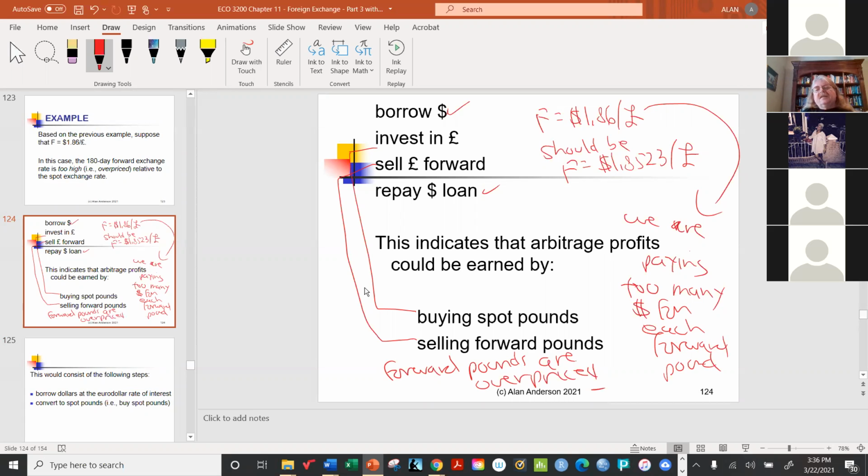And if they are, then that implies spot pounds are underpriced. Therefore, we're buying the spot pounds and we're selling the overpriced forward pounds. That's why this is happening.